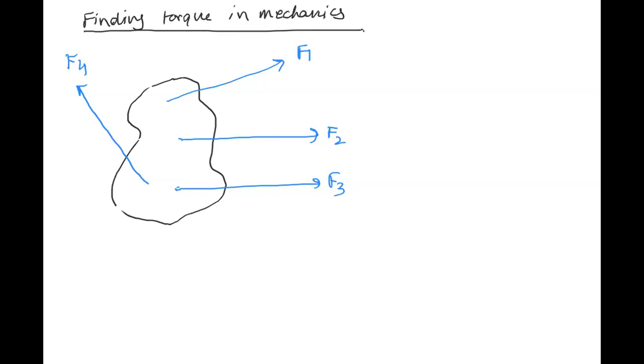So please notice that whenever I give you a rigid body and I tell you the forces that are acting on the rigid body, then not only must I tell you the magnitude and direction of all the forces, I must also tell you where these forces are acting on the rigid body. That is very, very important.